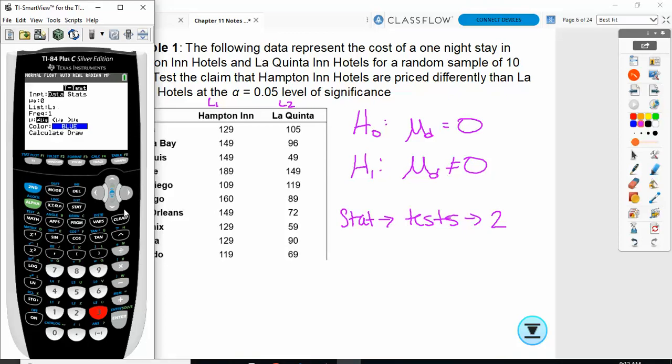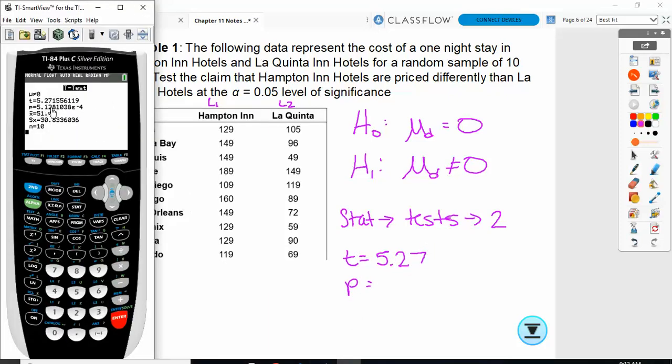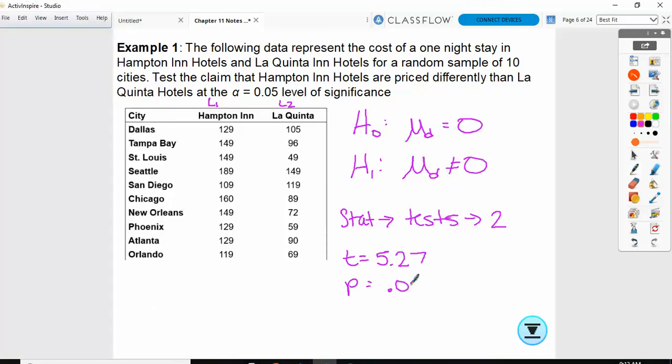And my alternative is not equal to, so then we can just go down to calculate. So then it gives me t equals 5.27. The probability, 5.128, but it has e to the negative 4, so you move your decimal back 4 places.